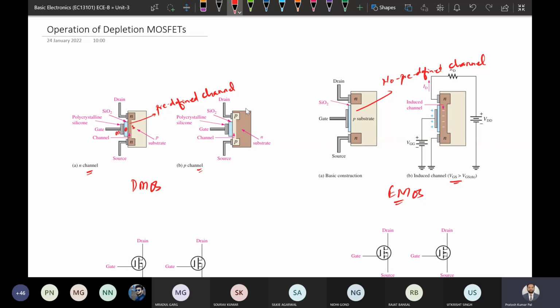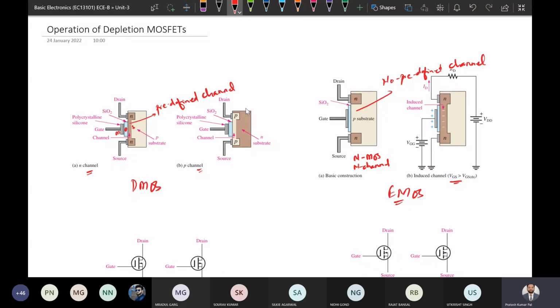If we apply gate to source voltage, suppose this is a P substrate, then an N channel will be formed, like NMOS. So if it is N channel, we need to form a channel. To form this channel, we need to apply a positive gate voltage so that electrons collect near the oxide region.